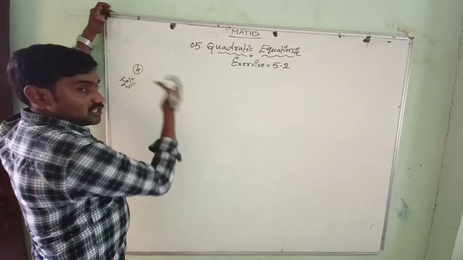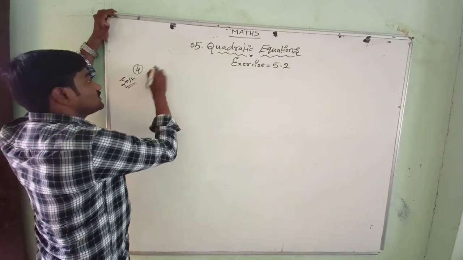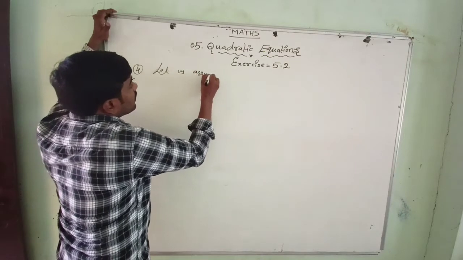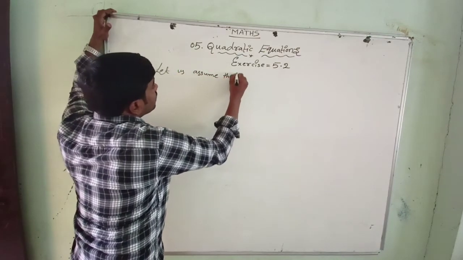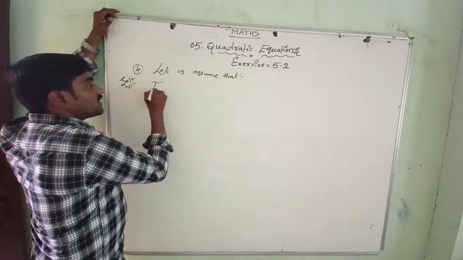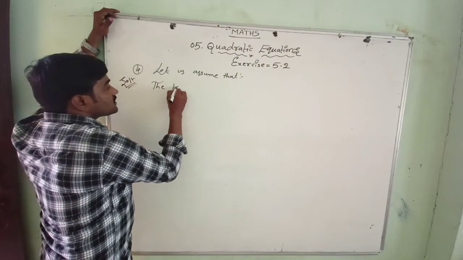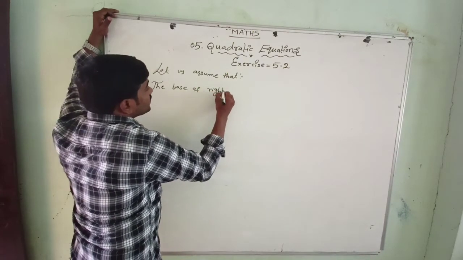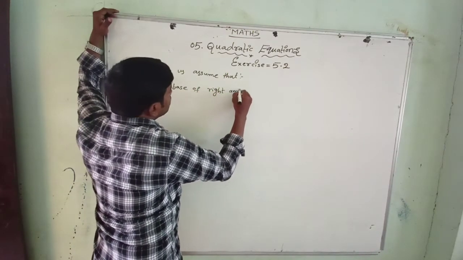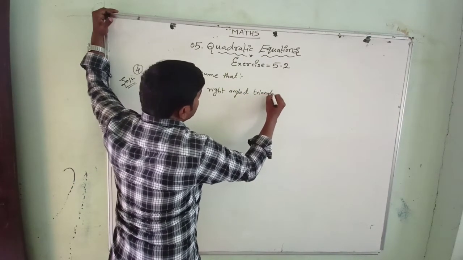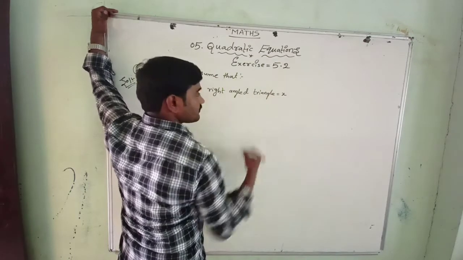First of all, we need to know how much the base is. Let us assume first what the base is. Let us assume that the base of the right angled triangle is x centimeter.